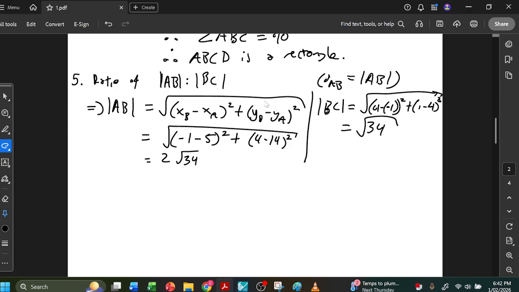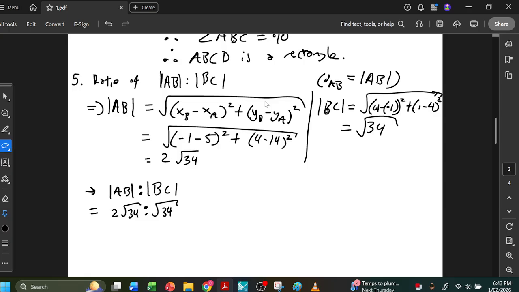All right, fantastic. So now let's stick that into the ratio. The ratio AB to BC is equal to 2 root 34 to root 34. And this is basically a fraction.